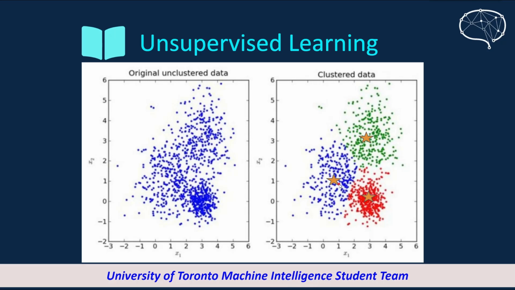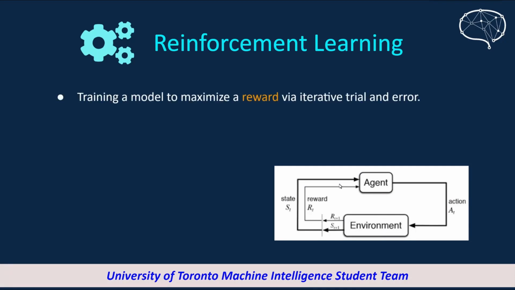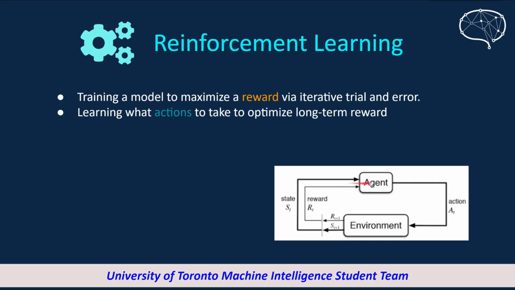So that is all for unsupervised learning. And finally, we're moving on to reinforcement learning. So the purpose of reinforcement learning is to train a model in order to maximize the reward via iterative trial and error. And it is learning what actions to take to optimize long-term reward. In this graph, we have an agent which contains the model in reinforcement learning, and the agent is able to produce an action into the environment, representing the action the agent wants to take.